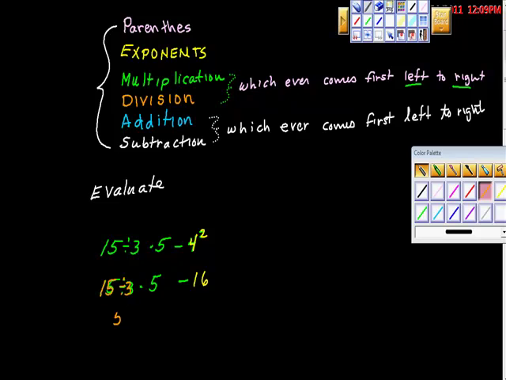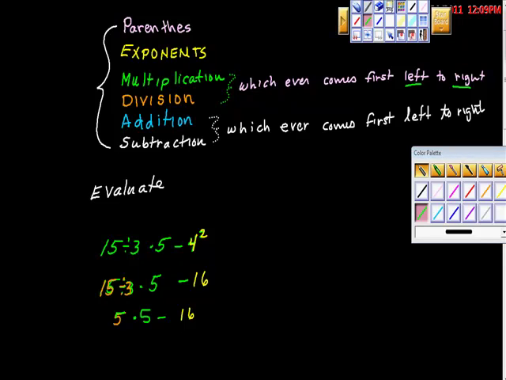So here's the simplification of that. This multiplication sign is this one right here, and this 5 is this 5 here, and then minus my 16. Now I'm going to keep looking. I'm still moving from left to right, looking for any multiplication or division that needs to be done. And lo and behold, here's a multiplication problem, isn't there? So now I'm going to do this multiplication, which is 5 times 5.